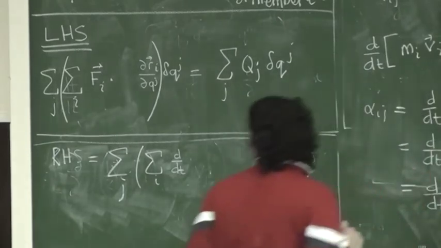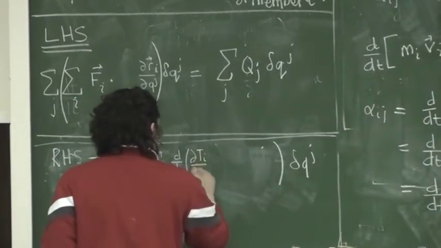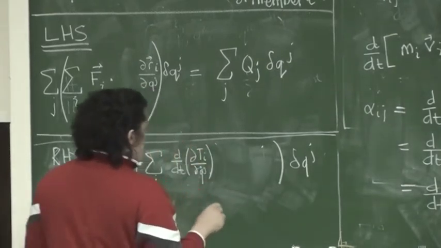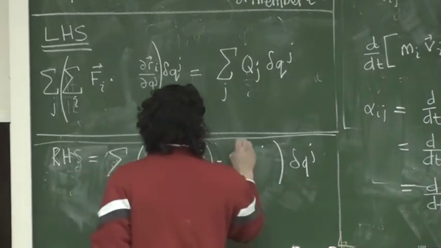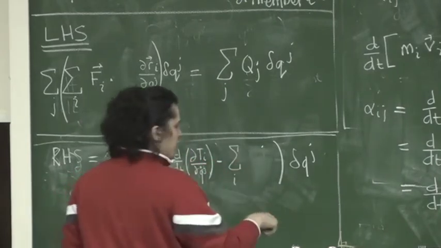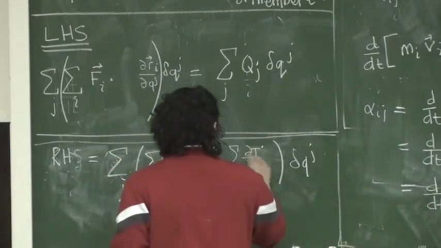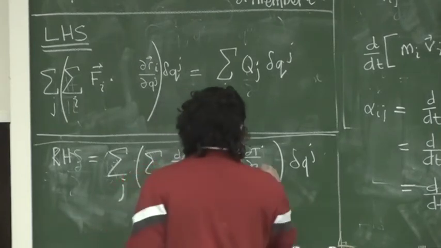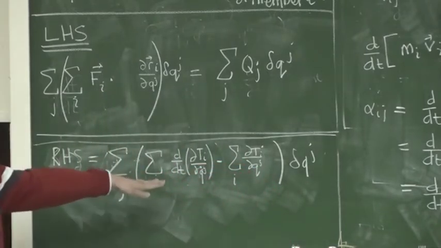Right, the same quantity: d by dt del Ti by del qj dot, minus the sum over i, putting the sum over i through both terms, del Ti by del qj. Right, so that's alpha ij.